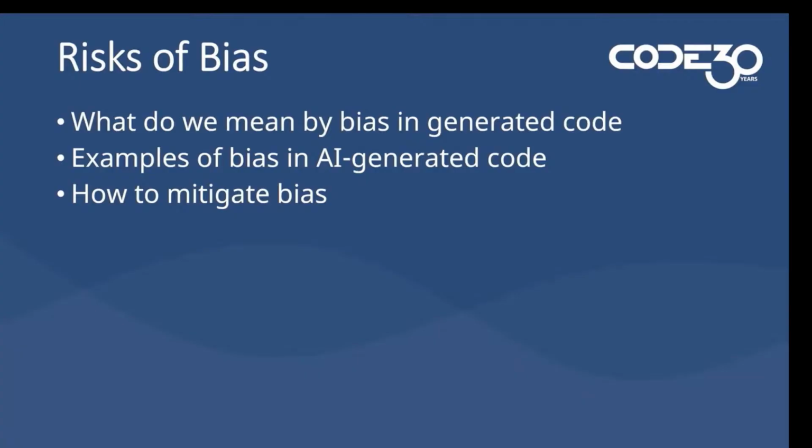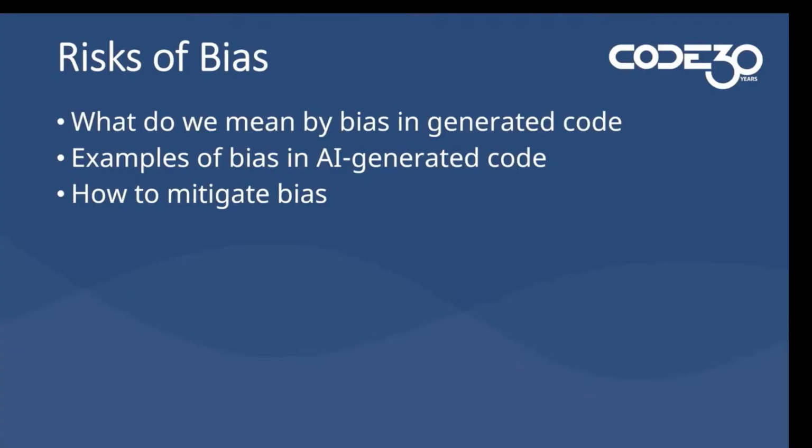And so let's talk a bit about how to mitigate bias. First, as I mentioned a couple of times, is multi-model generation. Play these models off against each other. Have them review each other's code, and particularly you can ask them to review for specific kinds of bias, and that's an effective technique.